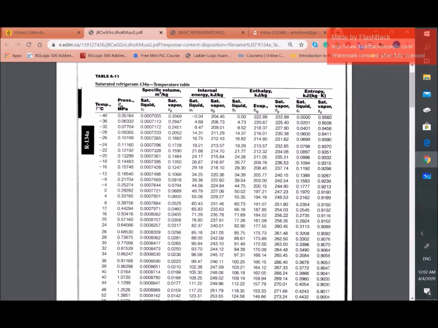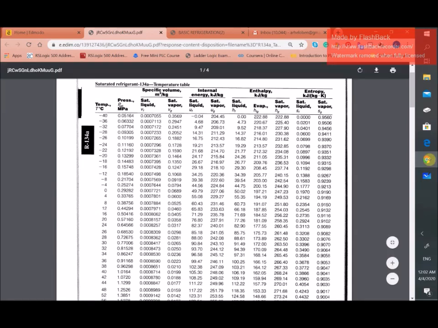To get our H1 at negative 18 degrees Celsius, we trace it to Hg, because at H1 the refrigerant is gaseous, so it is 236.53.